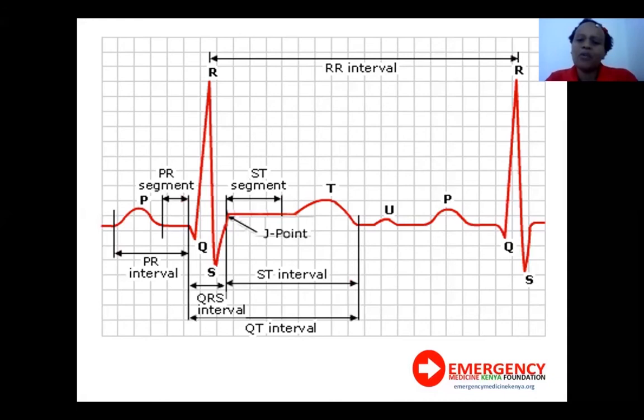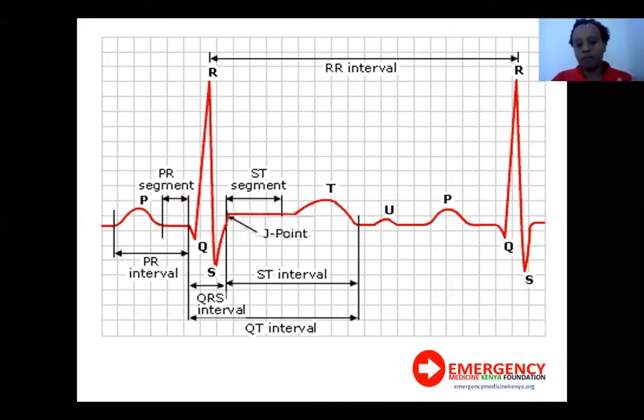You may or may not see it. But when you see a small wave, then usually that is our U wave, whereby at the apex of the heart, where the electrical conductivity is initiated by the Purkinje fibers, it's when they're relaxing that they give us a U wave.